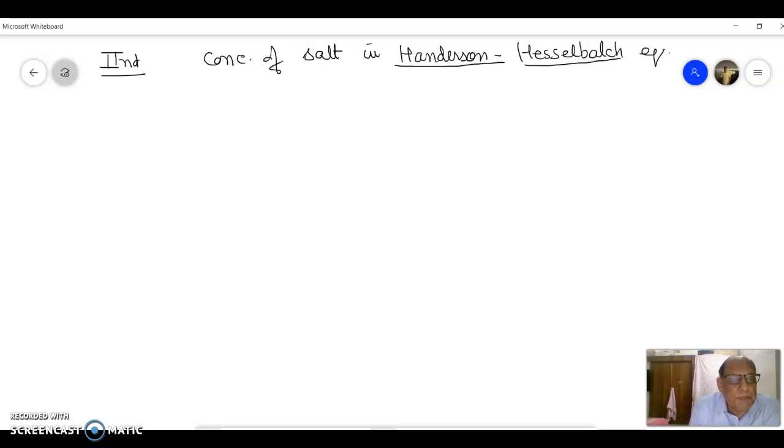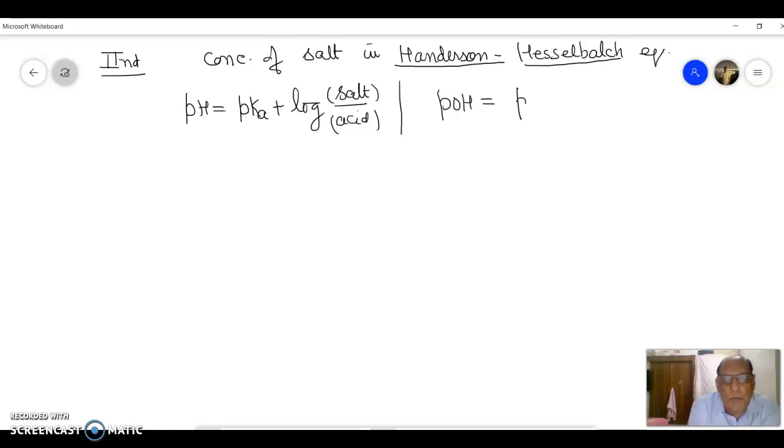Well, my point is that when you use the equation pH equals pKa plus log salt upon acid for an acid buffer solution, or pOH equals pKb plus log salt upon base for a basic buffer solution, in these two equations, the salt does not mean salt.